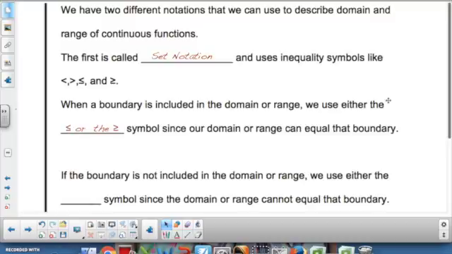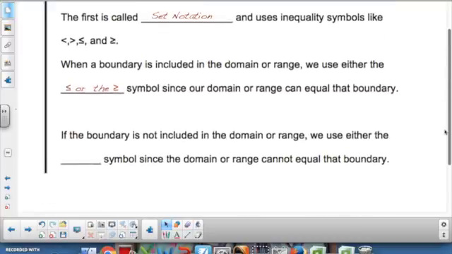It's kind of the same as using closed circles as opposed to open circles when graphing an inequality, or a solid line as opposed to a dotted line, thinking back to previous units that we've done.